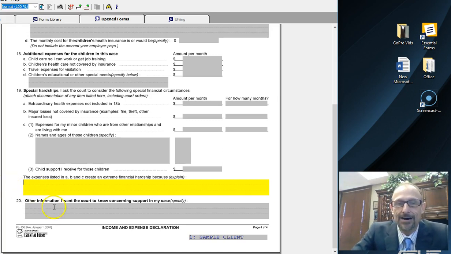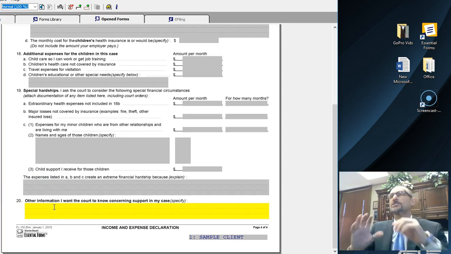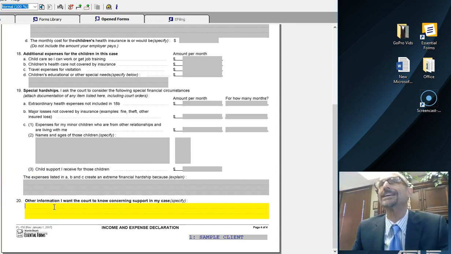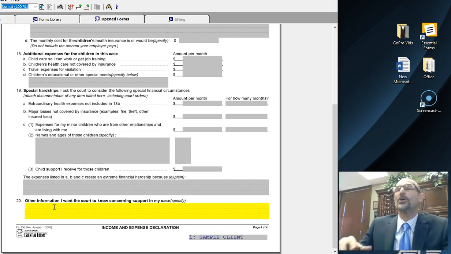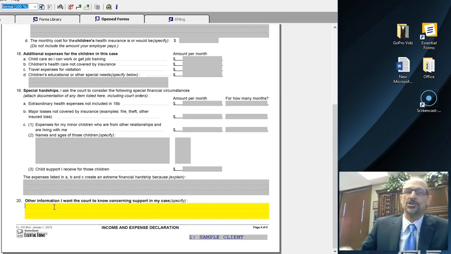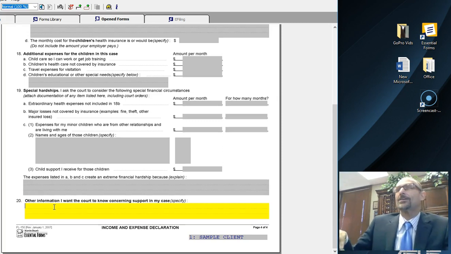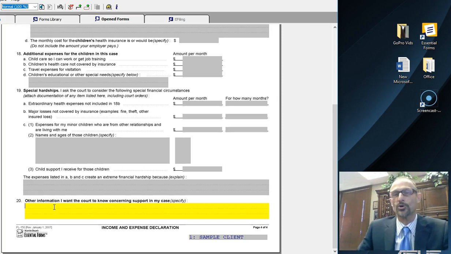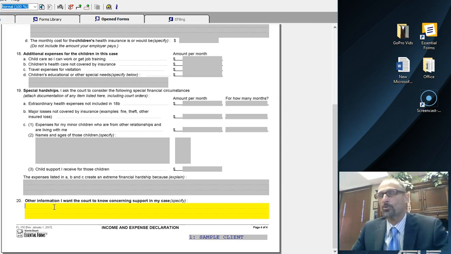20 is a box specifically where you can put any additional information that you want the court to know when making child support orders or spousal support orders.